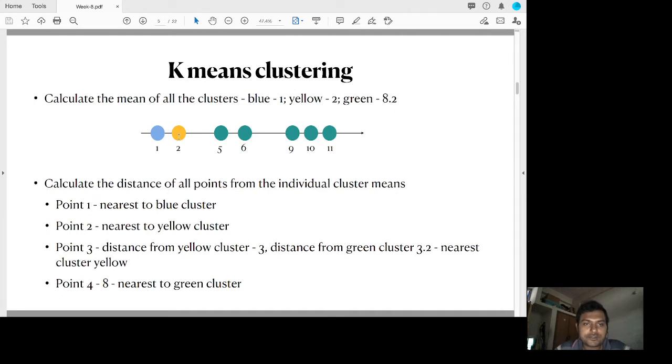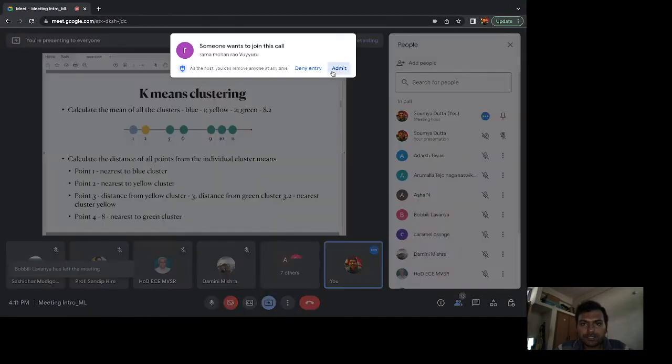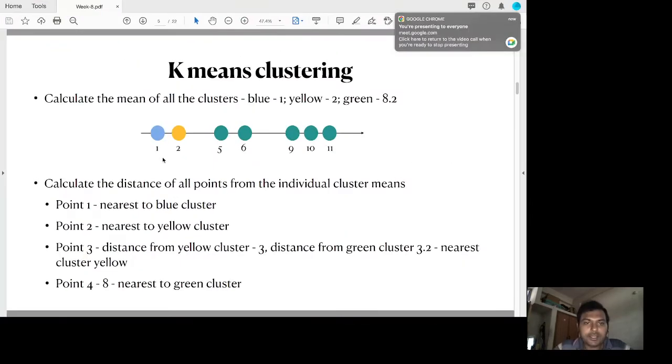Point 2 is nearest to the yellow cluster for the same reason as point 1, so point 2 will be assigned to the yellow cluster. Point 3, which is this third point, has a value of 5. So we have 3 candidate values of 1, 2 and 8.2.